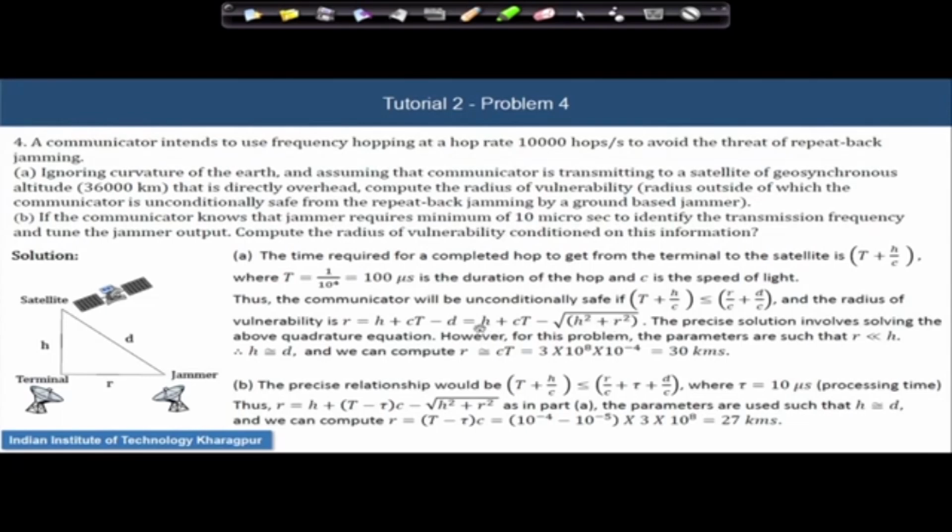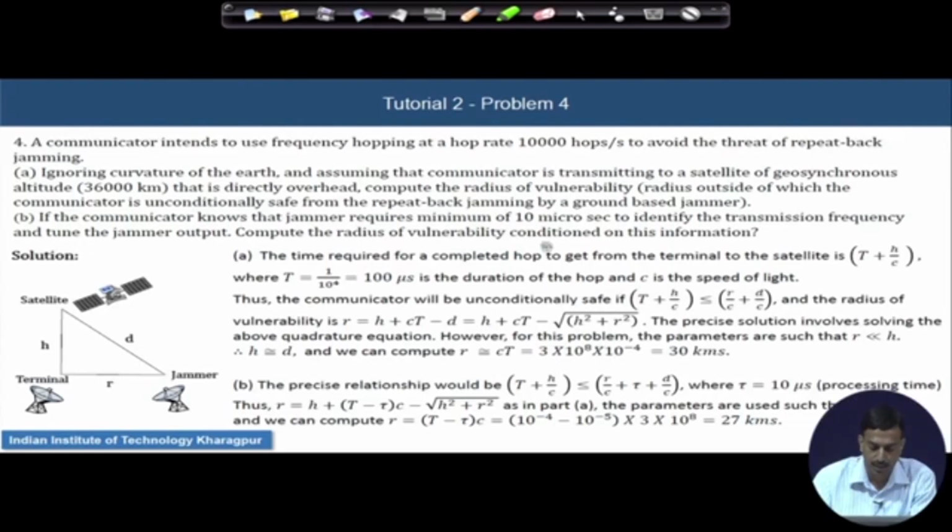So r is neglected, h is cancelled, and we have r equal to c into t. C is already a standard value, and t has been already calculated as 10 to the power of -4. So we have r equal to 30 kilometers in this case.